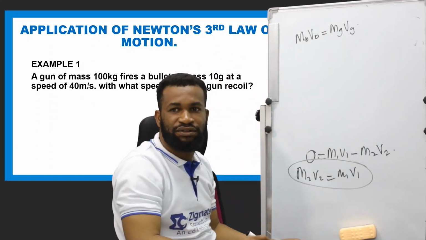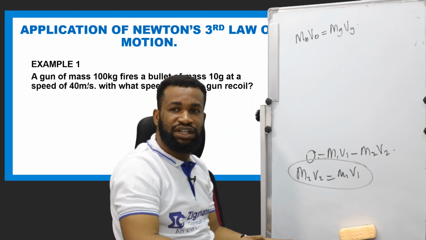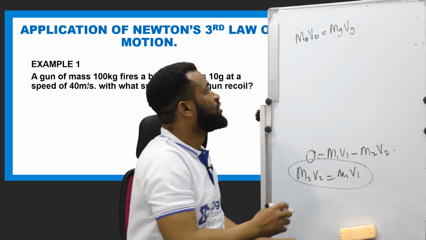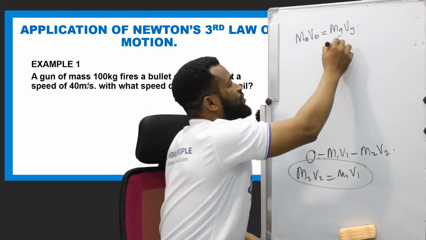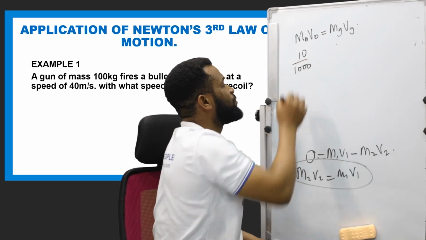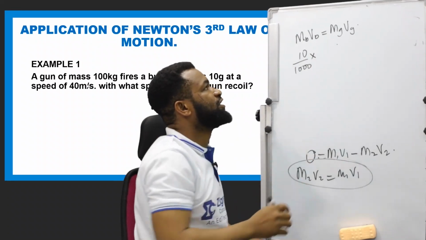That is just it. And so we are saying that a gun of mass 100 kg fires a bullet of 10 grams. So the mass of the bullet is 10 grams. I'm going to use the mass of the bullet as 10 over 1,000. Why the 1,000? I want to convert grams to kilogram, and multiply by the velocity.